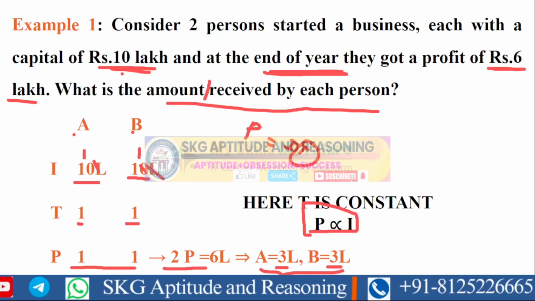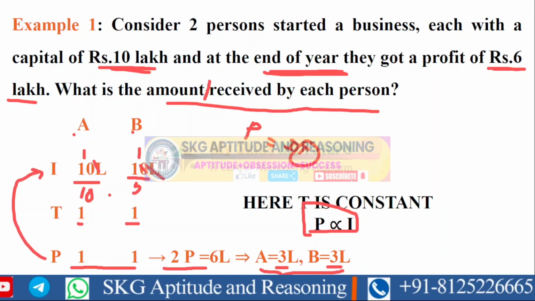Remember that when persons invest the same amount and the time period is constant, profits are shared according to the investment ratio. Sometimes the two persons invest different amounts. Suppose A invests 10 lakhs and B invests 5 lakhs.